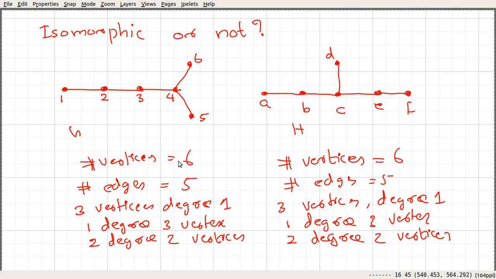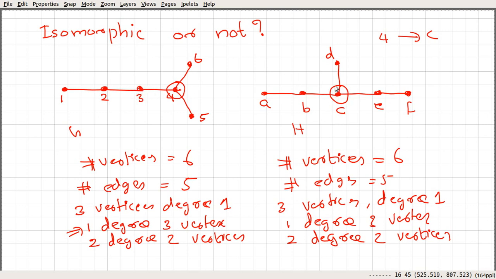But the thing is that in this case we have 1 degree 3 vertex and 1 degree 3 vertex, so this vertex, 4 and C. That says in that mapping 4 must be mapped to C. But if you look into the neighbors of this 4, it has 2 vertices of degree 1, and 1 vertex of degree 2.